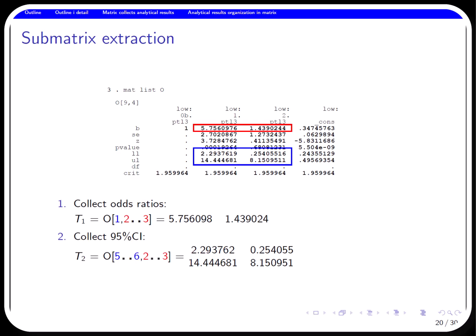To collect 95% confidence interval, we extract 5 and 6 rows, second and third columns of matrix O. We write O[5..6, 2..3].